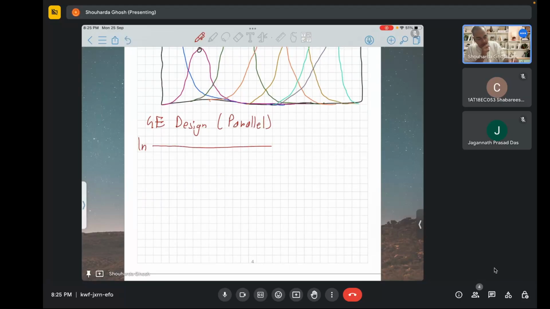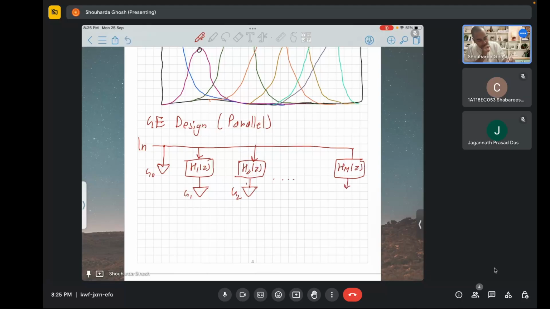Input: all the filters as well as the gain G0 get the same input. H1 of Z, G1, H2 of Z, G2, HM of Z, GM.